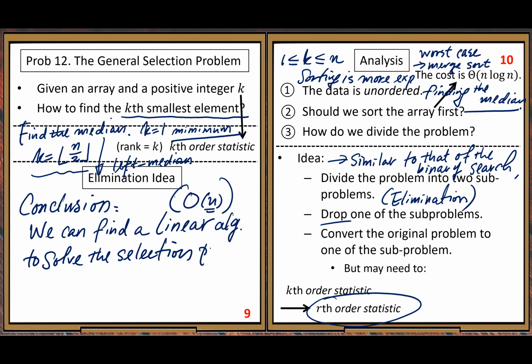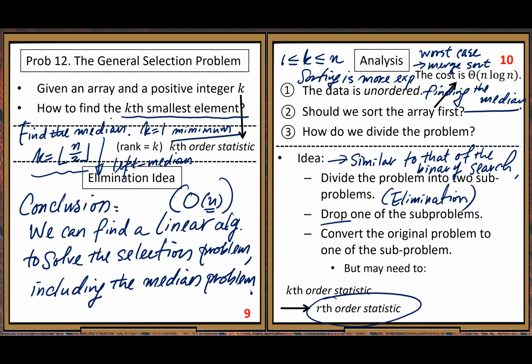Any selection problem, Big O of n, including the median problem. So this is the conclusion.